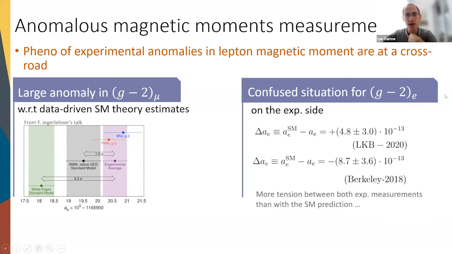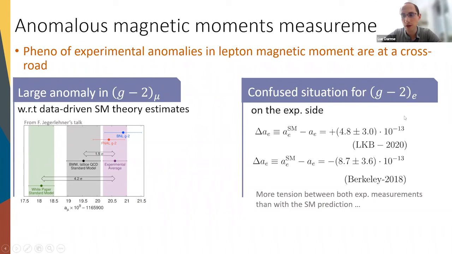If you look at the g-2 of the electron, the situation is even worse, in fact. We have two experiments, one at LKB and the other at Berkeley, which measured more or less the same thing, and which predicted exactly opposite values of the delta a, so of the g-2 of the electron.